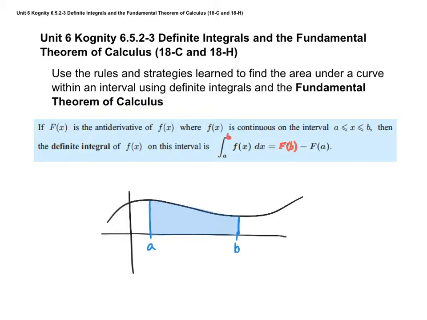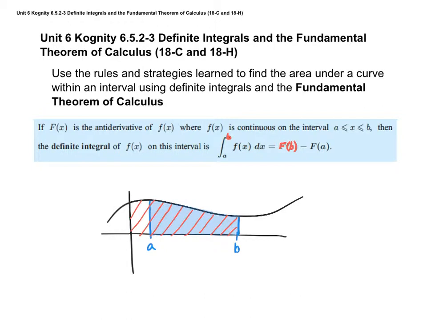Now, what that will give you is the area under the curve from B all the way to the y-axis. Okay? Now, clearly, that's more of the area than we wanted, right?